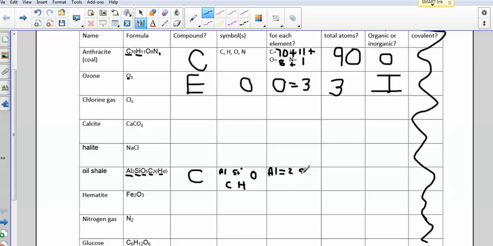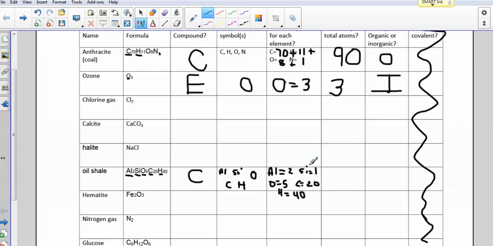And then we'd say Si equals, there's no number in between Si and O. So remember, if there's no number, we assume it's 1. So there's just one Si, one silicon. O is 5, so O equals 5. Carbon is 20, so C equals 20. I'm running out of room here, so I'm just going to write down here H equals 40.